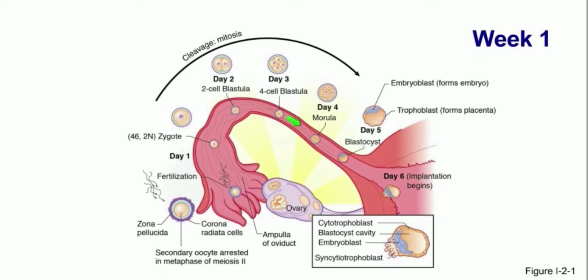So women who have a history of pelvic inflammatory disease are at significantly higher risk of having an ectopic tubal pregnancy because of the possibility of scarring of the uterine tube, which would impair the migration of this developing embryo down the uterine tube. But again, normally it does get to the uterus by day 6, so implantation does occur into the endometrial wall of the uterus. So let's see what happens in implantation.